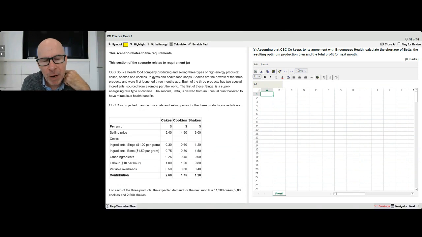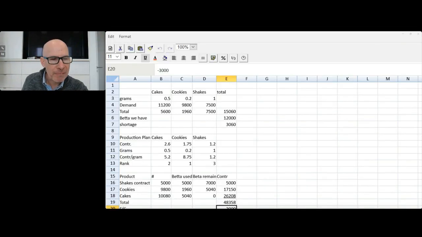Now, what you do when you are in the spreadsheet, always lay out your steps. The marking team will grade you step by step. That is called the own figure rule. So look at this. I'm going for a production plan, profit maximizing production plan. So before I started, I laid out a table. I laid out my products.